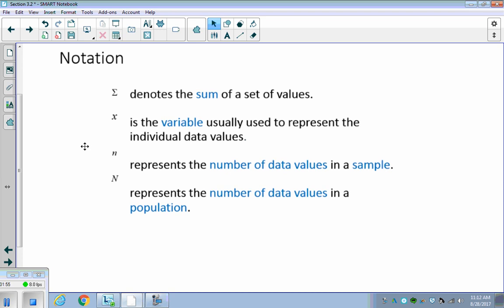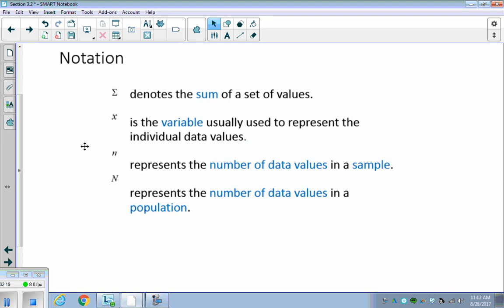Just so you have the notation there, some of that notation will be new. Capital sigma, and that's the sum of all the values, because when we give these formulas, you need to know what everything is representing.